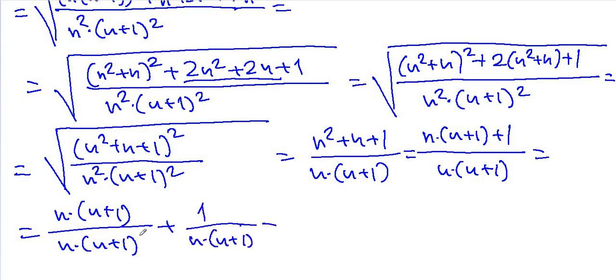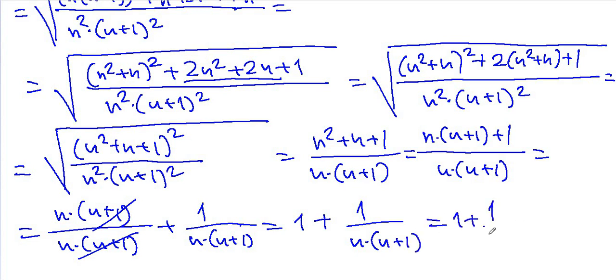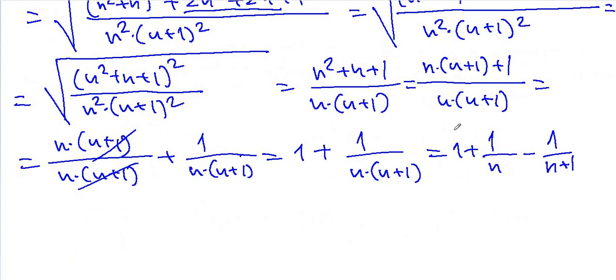So therefore this is going to be equivalent to, here this one is cancelled, and 1 plus 1 over n times n plus 1. And also this can be written as 1 plus 1 over n minus 1 over n plus 1. Now our general form can be written in a simplified form.